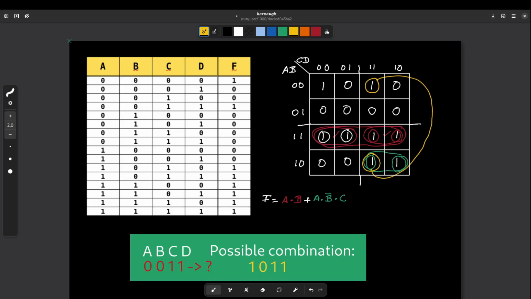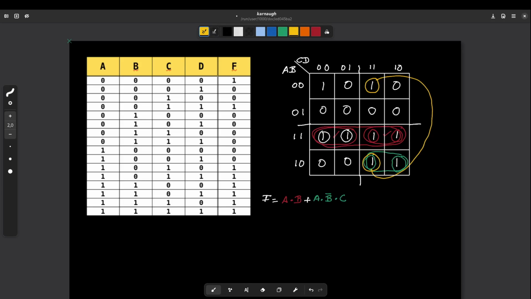Okay? So I take these two together, and the corresponding term will be A changes. Okay, I don't take it into account. It will be B negated, and C and D.